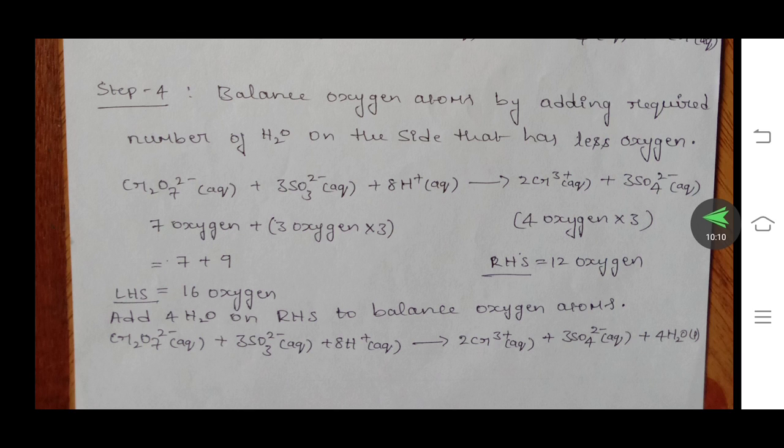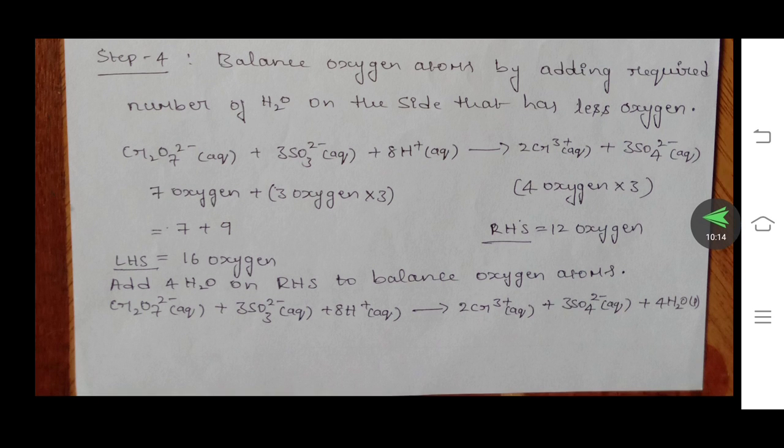See, in this equation, how many oxygen are present? Left side you check. So 7 oxygen plus 3 into 3. So total 7 plus 9 oxygen. So total number of oxygen in LHS is equal to 16 oxygen. Now right side you check. So 4 oxygen into 3. Okay. So 4 into 3, so 12 oxygen.